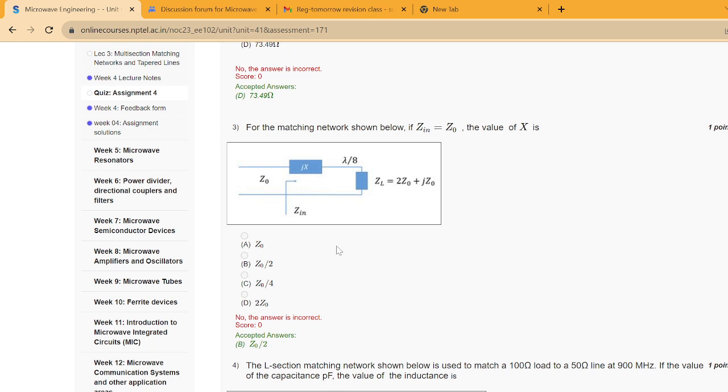Somebody in the discussion forum has asked that question, so let us wait. Maybe the TAs for the assignment section will respond soon. I will just show you how that has to be done. This is question number 3 of assignment 4.